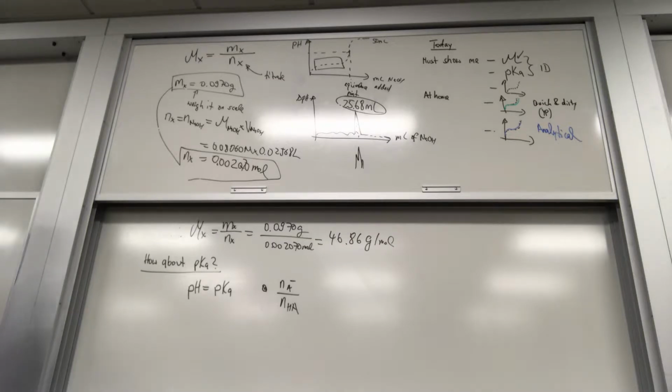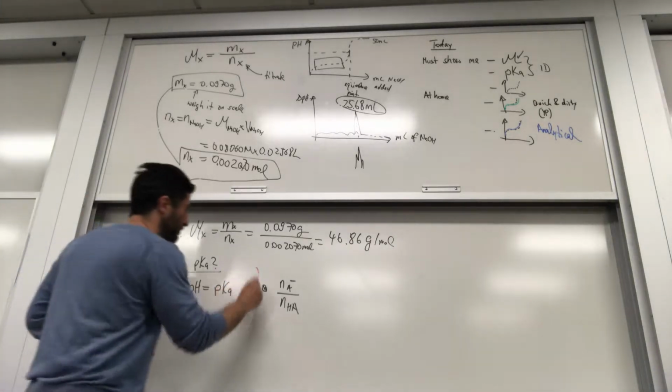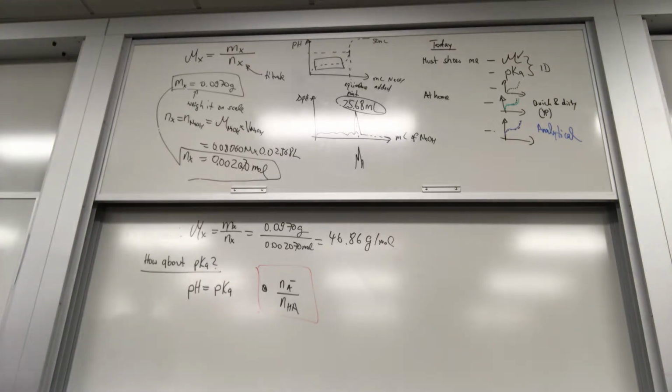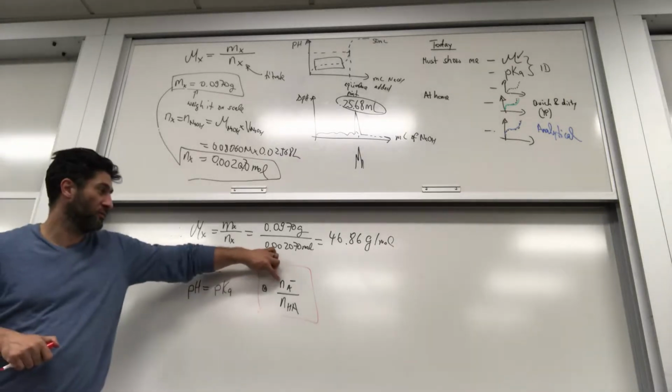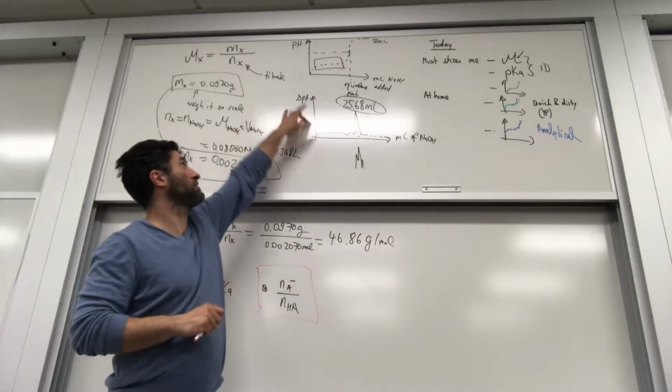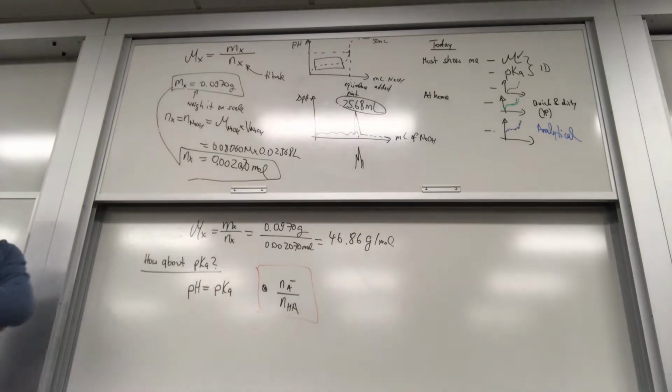Now let's connect this to the graph. Kevin, when is the moles of A minus equal to the moles of HA in this graph, either one of them?